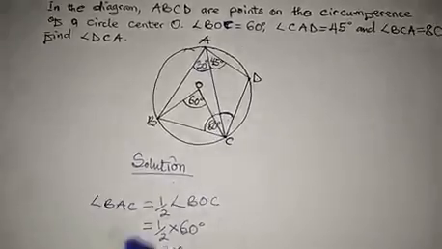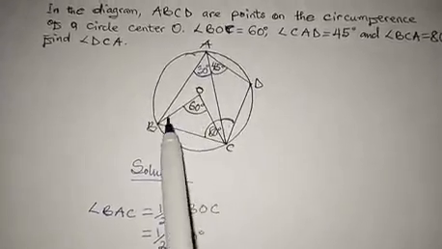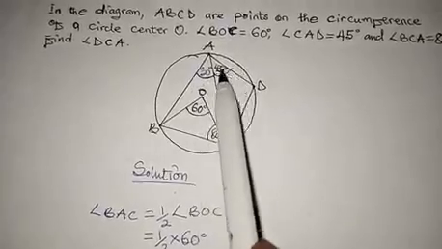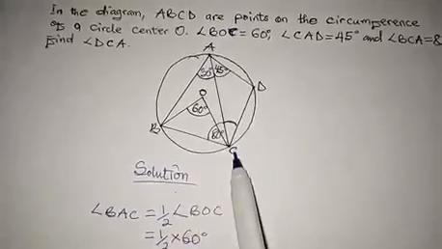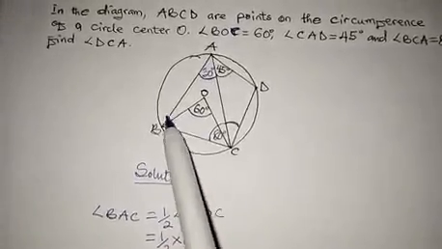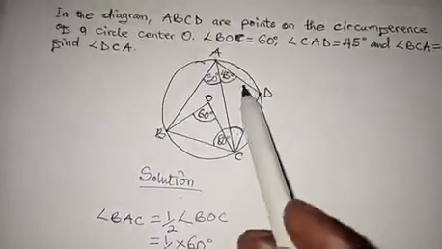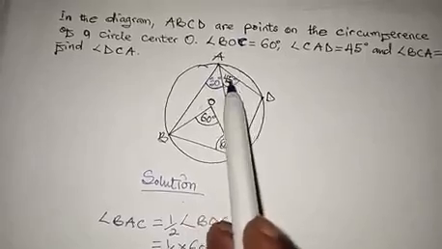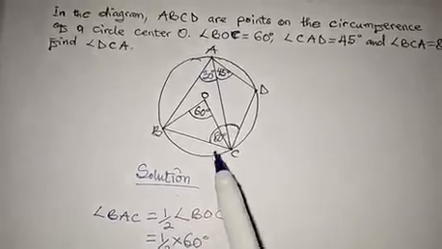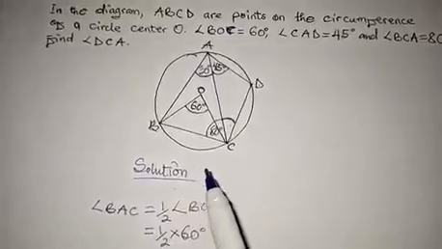So if you look at the diagram, the whole of this angle and the whole of this angle are opposite. And the whole of this angle and the whole of this angle are also opposite. So this angle plus this angle will give me 180 degrees.